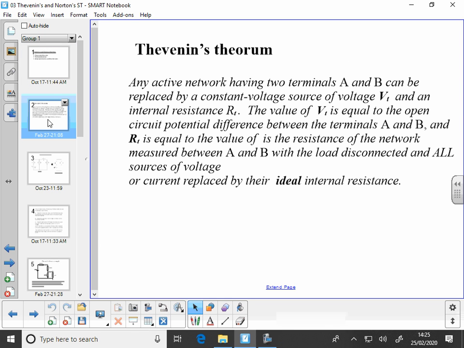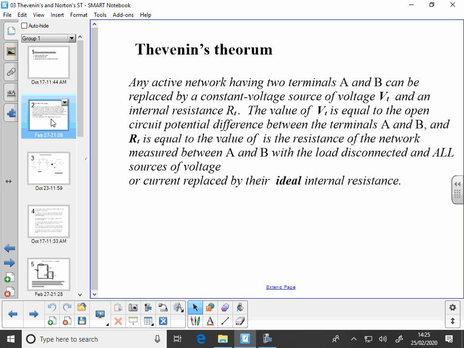Firstly, Thevenin's theorem. Again, this is a bit of a repeat of what we covered in science, but Thevenin's theorem says any active network having two terminals A and B can be replaced by a constant voltage source of voltage Vt, the Thevenin's voltage, and an internal resistance Rt.